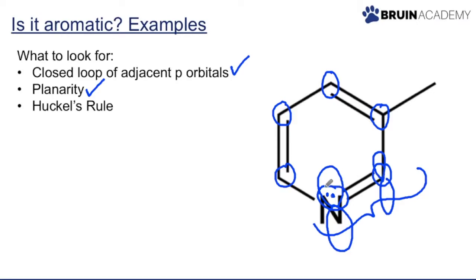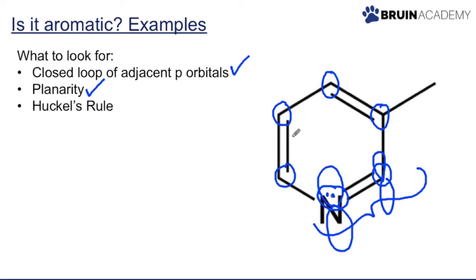So when you're counting this, since these lone pairs are already in the p orbital, you don't want to double count it. You don't want to count this and have like 2 and 4. So what you should do is keep in mind what the molecular structure looks like and what the p orbitals look like.